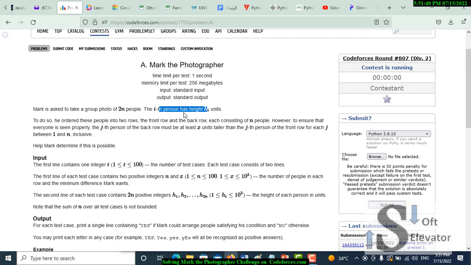However, to ensure that everyone is seen properly in the photo, the j-th person of the back row must be at least x units taller than the j-th person in the front. So in the back row, they will be taller by x units.